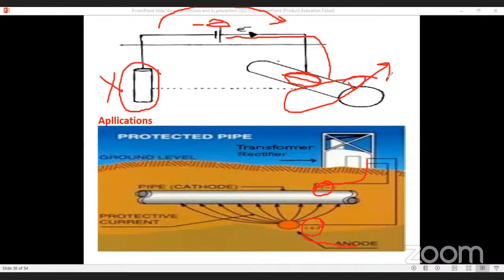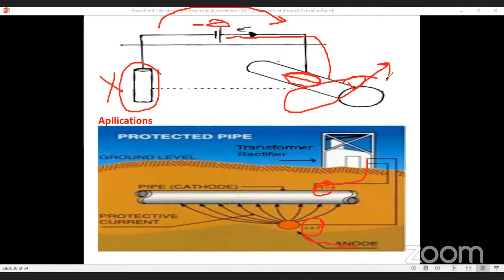It's a simple thing. With the help of an external battery, the metal we are going to protect is connected to the positive pole, right? The electrons will be transferred from the negative pole to the positive pole. At the positive pole, the metal part will be there, so more electrons are available.